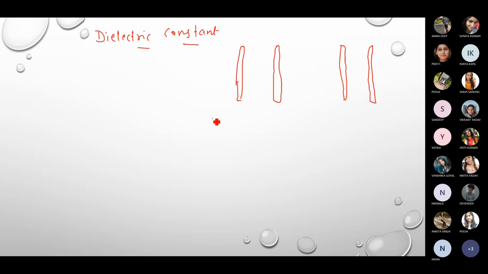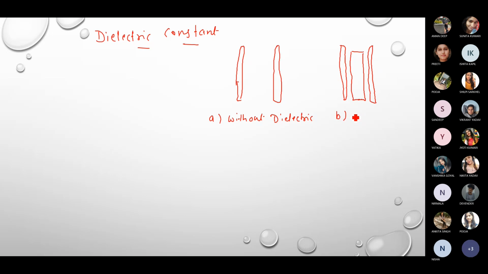So this is first system which is without dielectric. So here there is complete vacuum inside the plates of the capacitor, and here we have a dielectric material placed inside. So it may be mica, it may be glass, it may be wool, it may be any dielectric material.